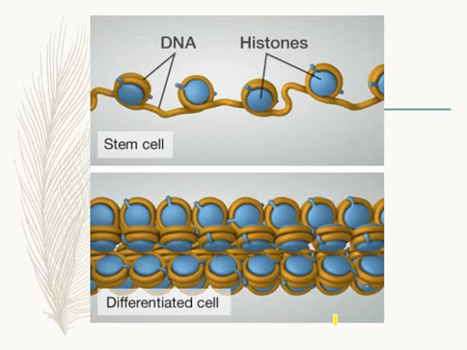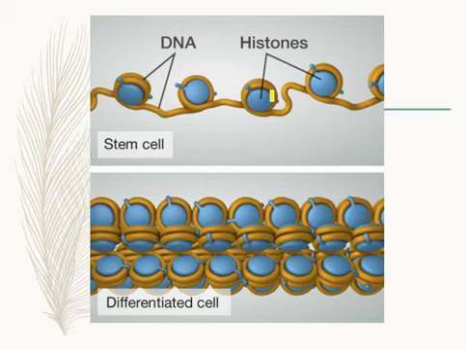And this is an interesting image because it summarizes everything we've been looking at. We know that stem cells are undifferentiated, and after lots of genes are switched off, it becomes a differentiated cell, and we can see it here. This is the DNA of a stem cell, where clearly there's been some acetylation.